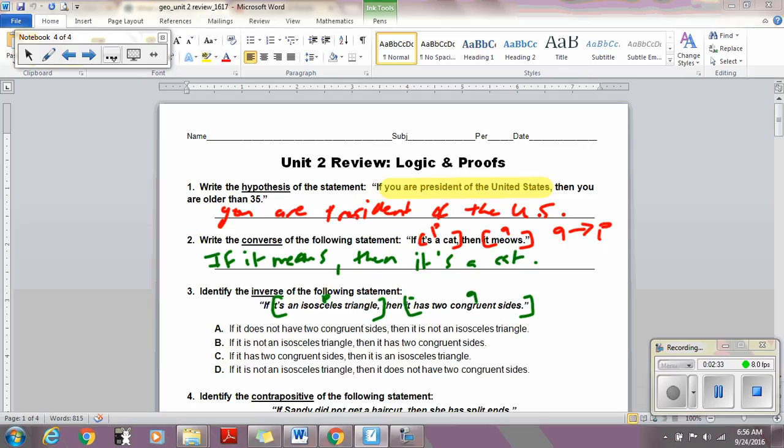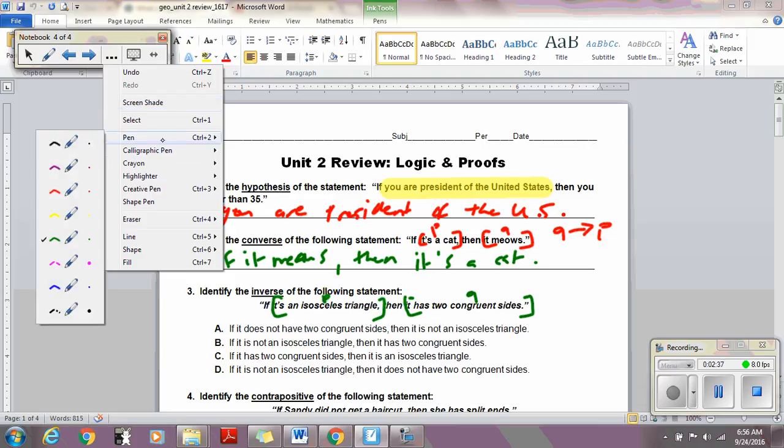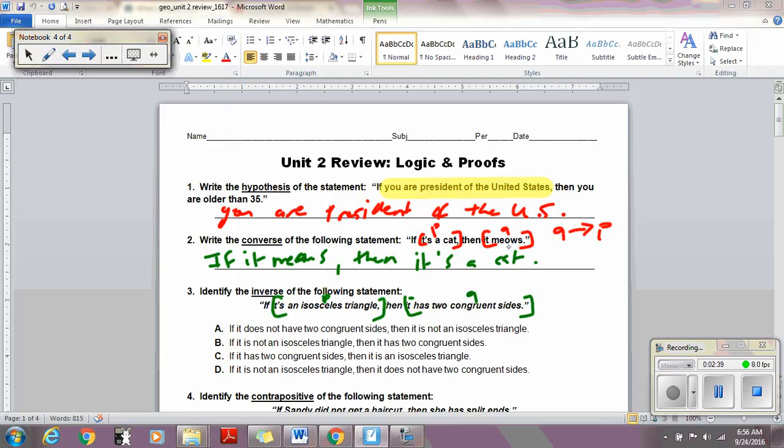So when we write our inverse, we gotta remember inverse is not P, then not Q. So by our verbs in P and Q, we have to add the word not, as it's not already there to begin with. So let's read choice A.